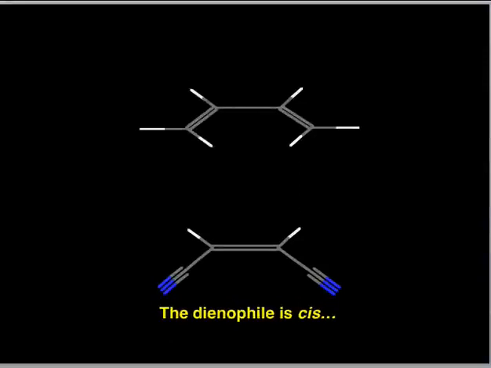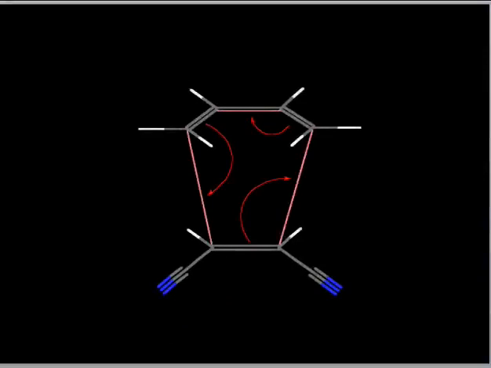Up here I have butadiene. This is my diene. Now, based on what we saw, we know that this carbon and this carbon, and this carbon and this carbon, are going to join. Our p orbitals are going to leave a double bond back here. Now we show the process using these arrows, but again we realize that it's just these orbitals mixing.